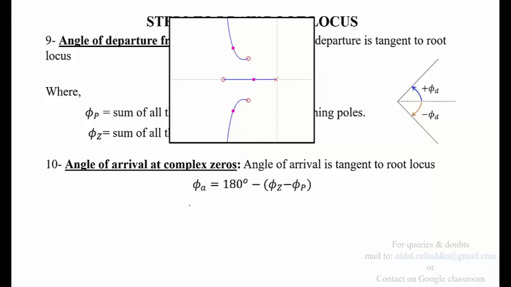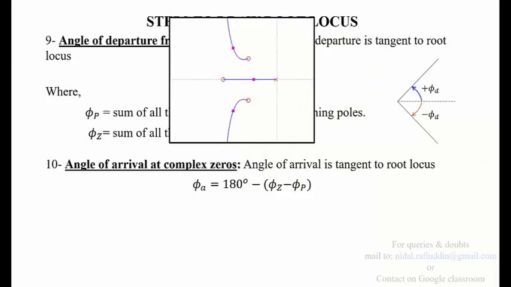So angle of arrival is given by the expression phi a equal to 180 degrees minus phi z minus phi p. So very similar to the angle of departure, we will be computing phi a. For example, shown in this example, we have two complex zeros. So in order to compute the angle for this complex zero, we'll be doing the same process that we did for a pole.